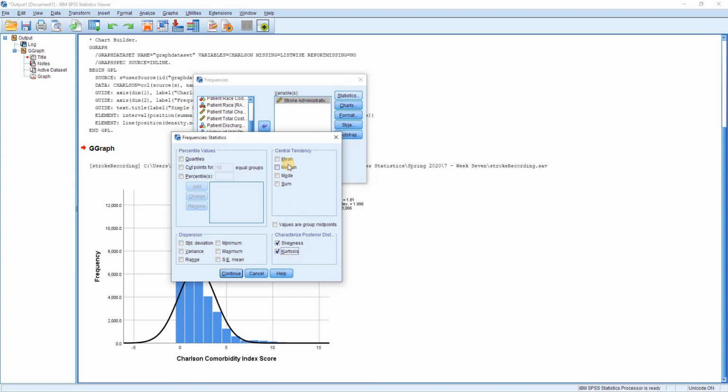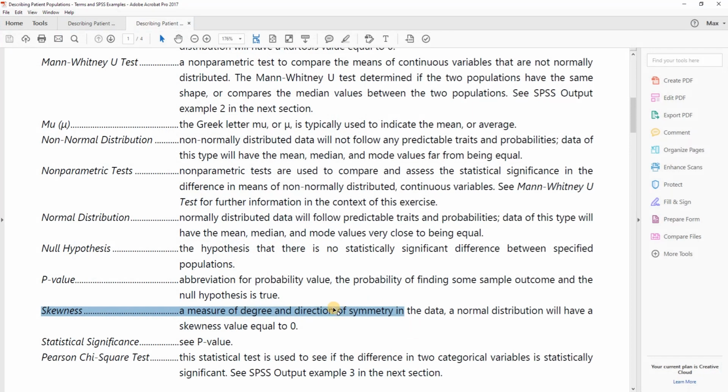I'm also going to enable the mean, median, and mode. Because if you remember from past weeks, the mean, median, and mode value for perfectly normally distributed data would all be the same. And what we are looking for from SPSS for skewness and kurtosis is a value of 0 or a value close to 0, which shows normal distribution.